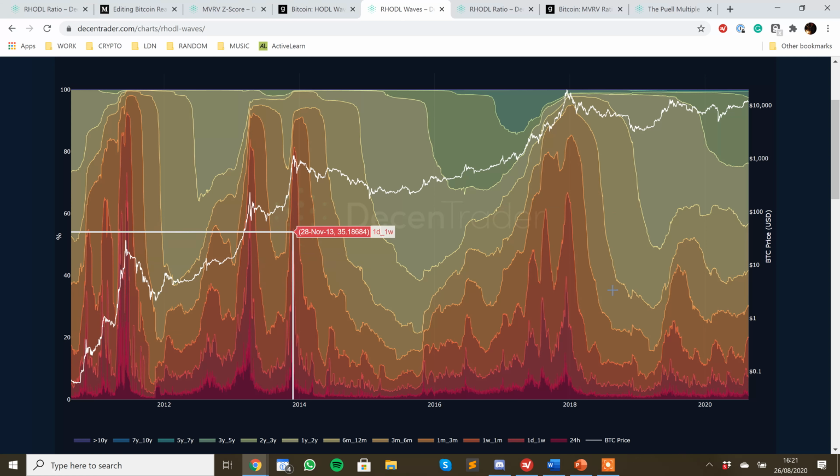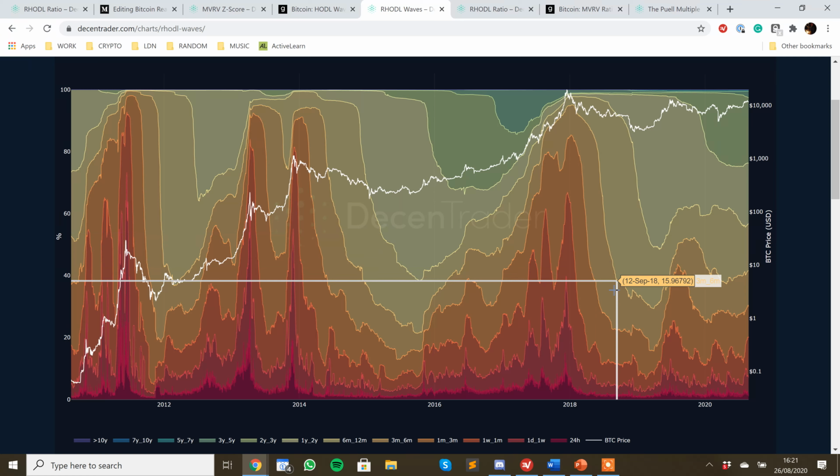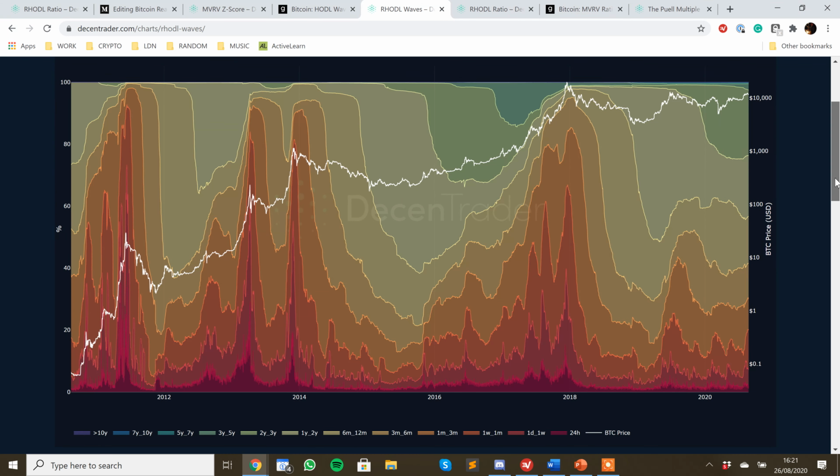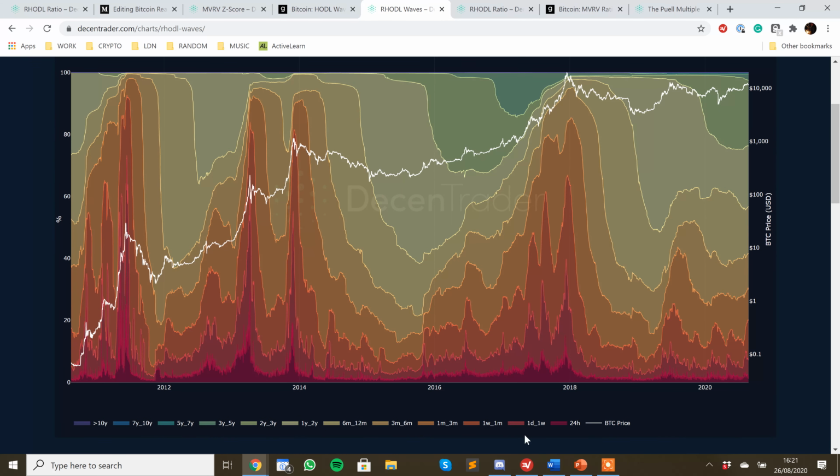And so that's what got me thinking, well, you could potentially build an indicator off the back of this. And so that's what I kind of did here. Essentially what I've done is I've looked at the ratio between shorter term realized HODL waves and some further out ones. So actually what I've done is I've compared the weekly, which is kind of these first two red bands down here at the bottom, versus the 1 to 2 year, which is this band here.